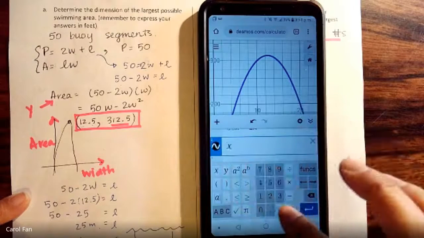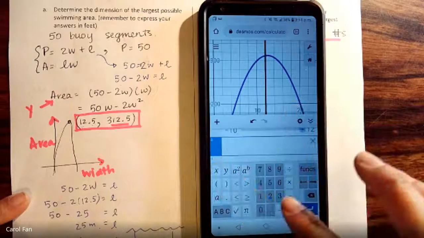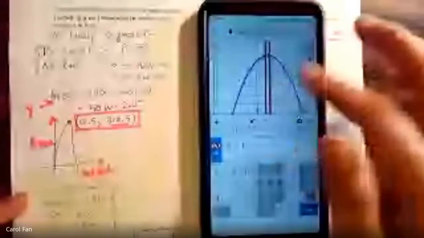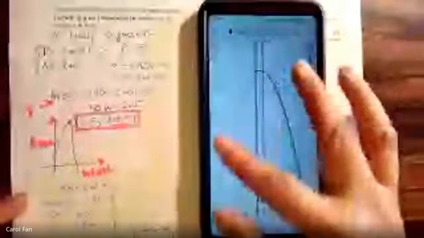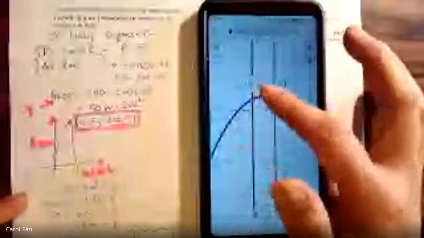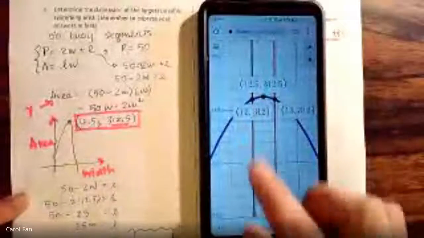I'm going to put x is equal to 12, and I'm going to create another line, x is equal to 13, so that I can zoom in and take a look at these points.